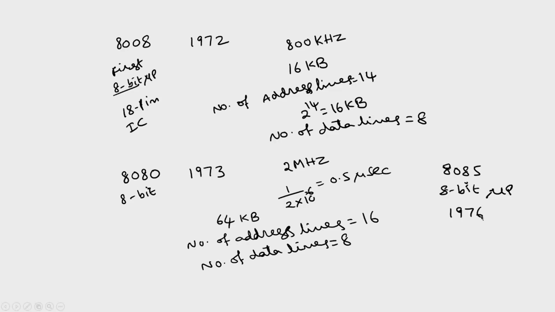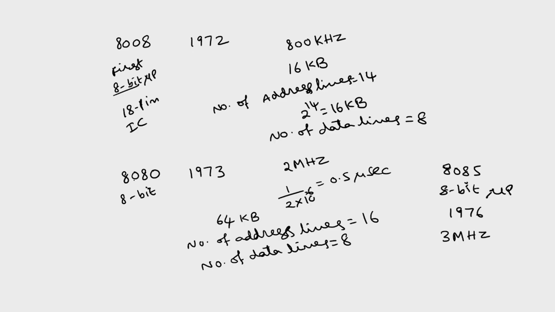The major difference between 8085 and 8080 is that the clock frequency of 8080 is 2 megahertz, whereas 8085 is 3 megahertz. So one clock period is approximately 330 nanoseconds. And the memory capacity is the same, the remaining things are there, only the speed of this one is more.